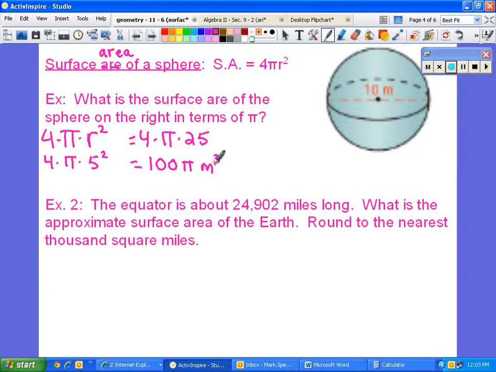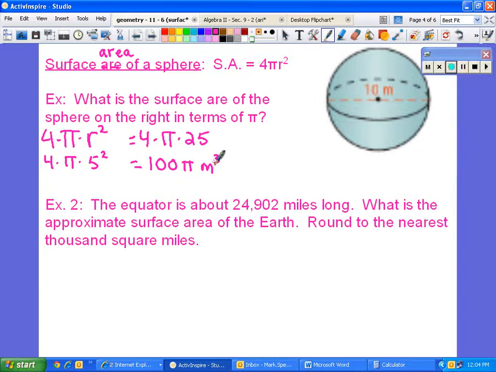Okay. All right, so problem example number 2 is a little more complicated because, well, why? Why is it more complicated? Riley, why do you think problem number 2 is more complicated? Besides the fact that I just said so. Because it tells you the equator, so that tells us the equator is what?